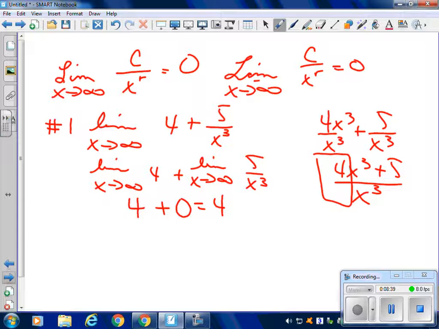And when the power on the top is greater than the bottom, it doesn't have a horizontal asymptote. It'll be a slanting one. So if the power on top is less than the power on the bottom, it's y equals 0. But if the top power is more than the bottom power, it doesn't have a horizontal asymptote. It has a slanting one, which we don't have to find. Or at least I've never come across a course yet that we had to do that in high school.